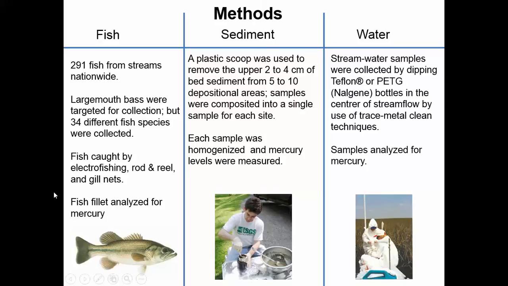They targeted largemouth bass, but they also targeted 34 other species of fish. The fish were caught using different methods. The fish fillet was then analyzed for mercury. They tested sediment. Each sediment sample was tested for mercury, and they also tested the water.